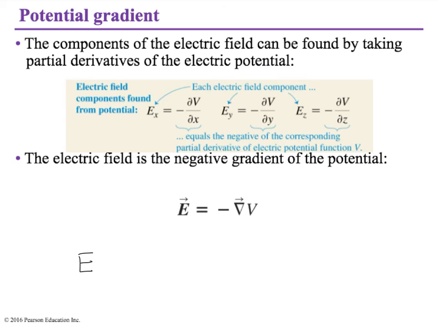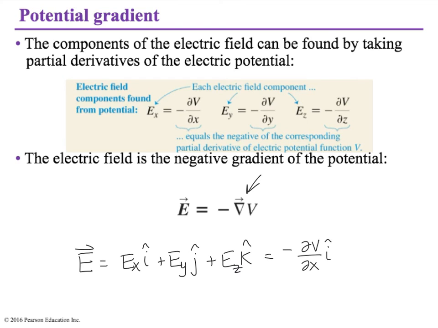You can write it as what we call the gradient, because the total electric field, which would be an x, a y, and a z component, would be equal to minus dV/dx in the x direction, minus dV/dy in the j direction, and minus dV/dz in the z direction.